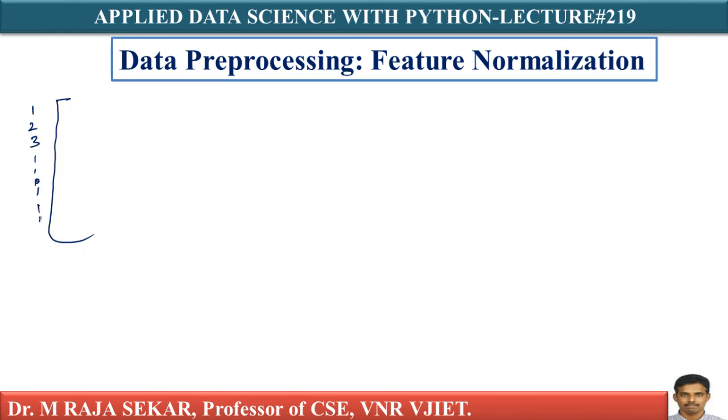I can say ith data point. This is the nth data point. How many features do I have? F1, F2, F3, and so on, Fi, and so on. I can say Fd. There are d features. And how can I say this Fj? Let me say this is Fj, and whose attribute values are this A1, A2, isn't it?